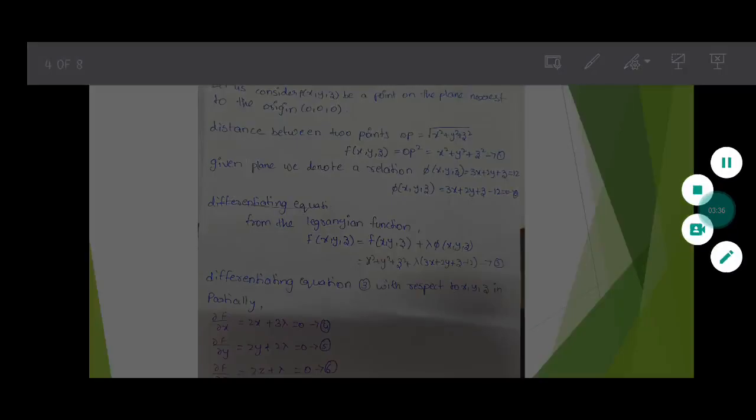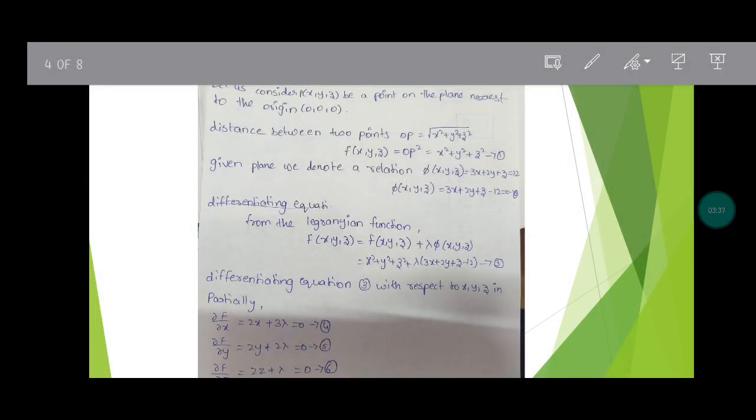By differentiating equation number 3 partially with respect to x, y, z, ∂f/∂x = 2x + 3 lambda = 0. Consider it as equation number 4. ∂f/∂y = 2y + 2 lambda = 0. Consider it as equation number 5. ∂f/∂z = 2z + lambda = 0.